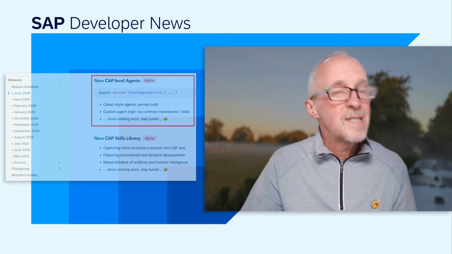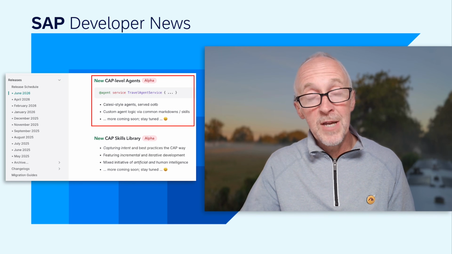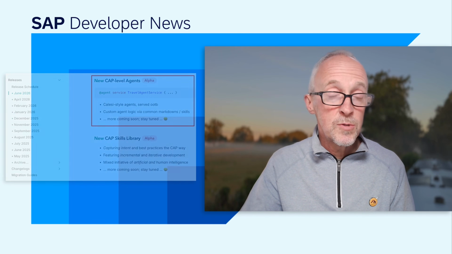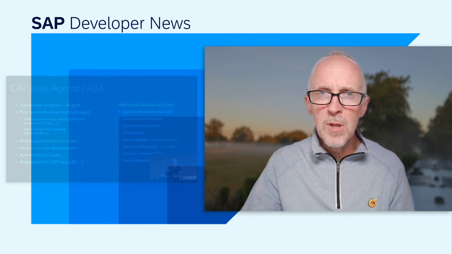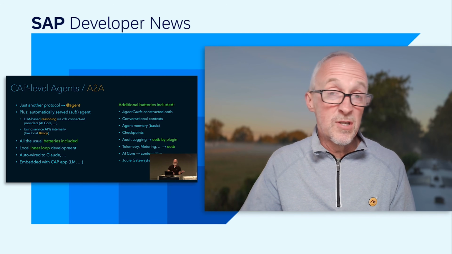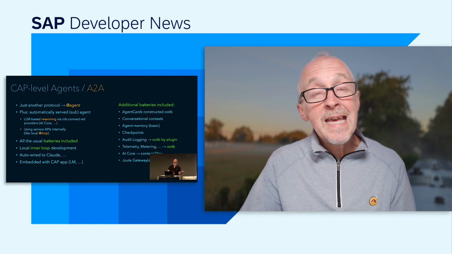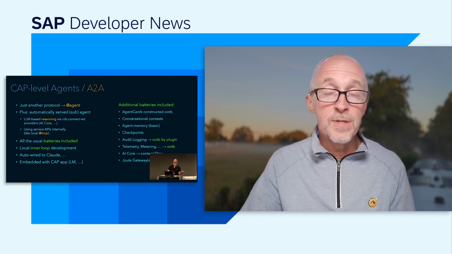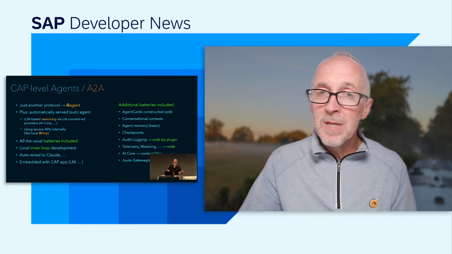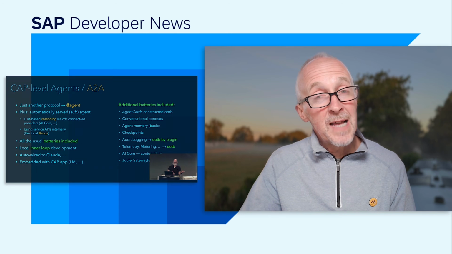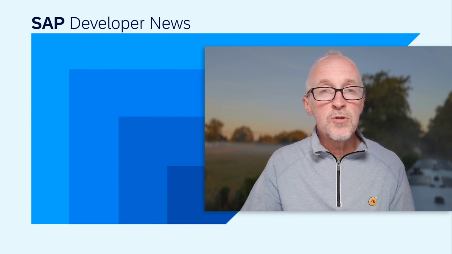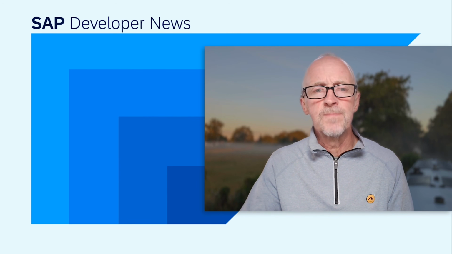It was teased in CAPI, the CAP documentation, in the June release notes this year, and also a month later in July, it was shown as a sneak peek in Recap at the conference. It's CAP level agents, and it has a new annotation that goes with it, @agent.